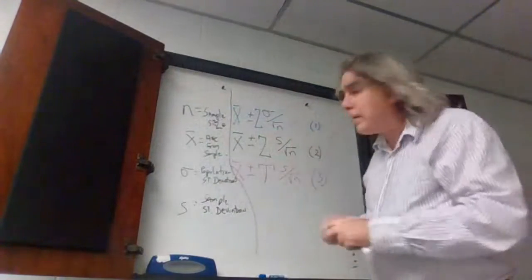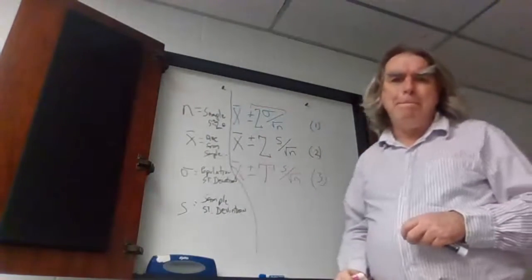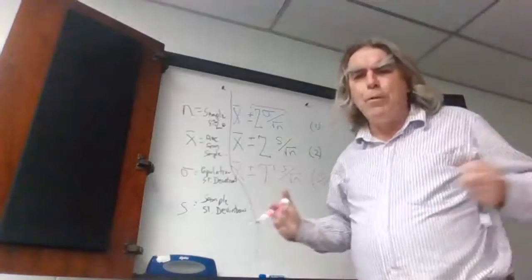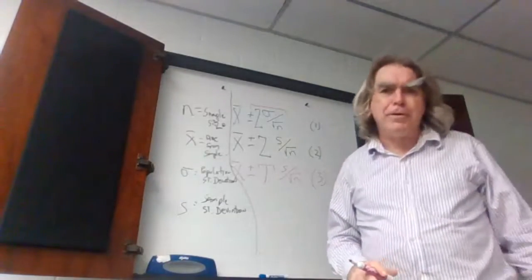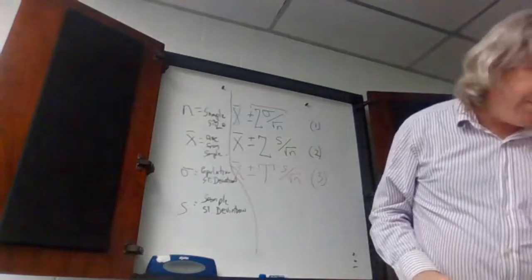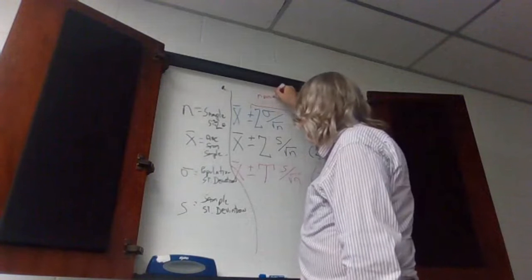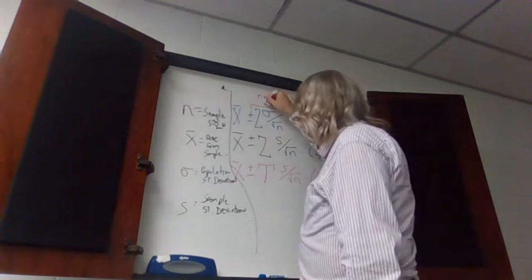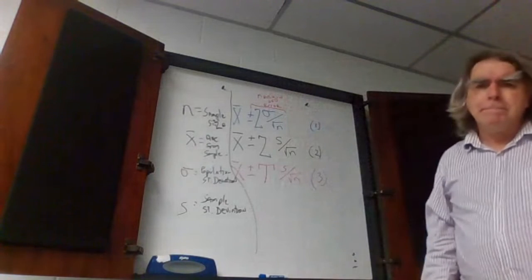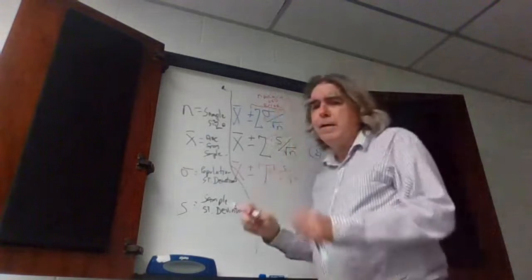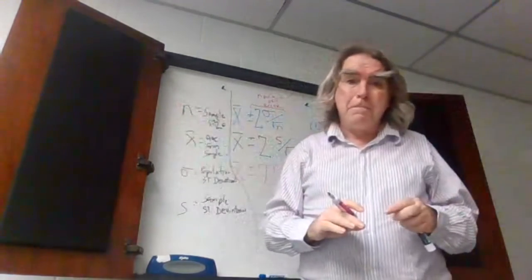I like to talk about this as being the level of padding, because I think we all understand that. Your book uses a more scientific measure, and that measure is the margin of error. The margin of error is how much we are putting on both sides.